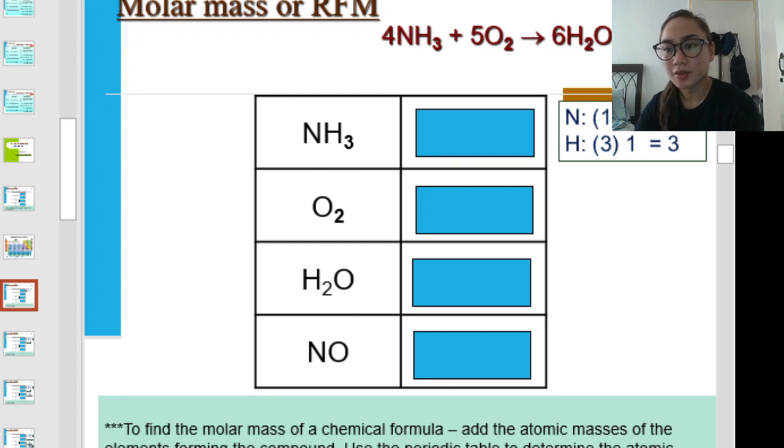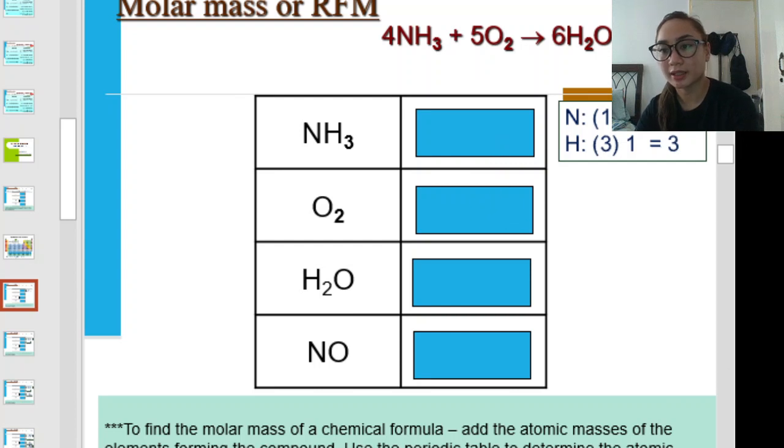Okay. So, of course, we compute this. Papakita natin yung answers later on. So, we compute this. We have 14 plus 3. So, that is 17. So, ibig sabihin, ang molar mass po ni NH3 natin is 17.